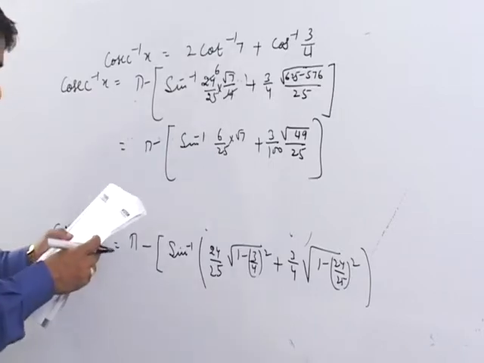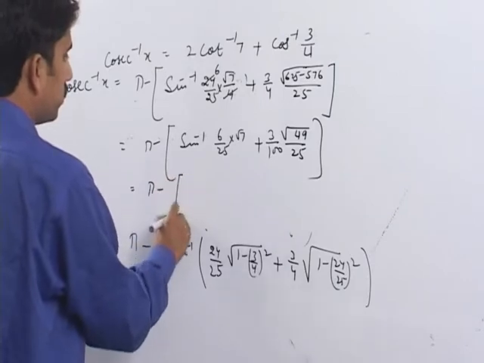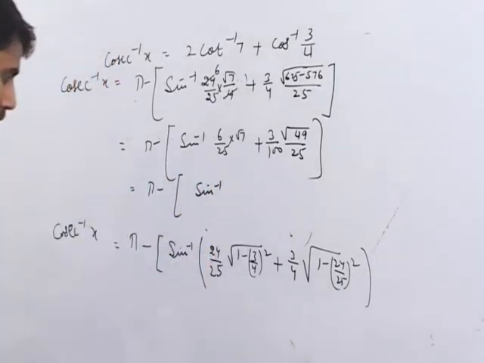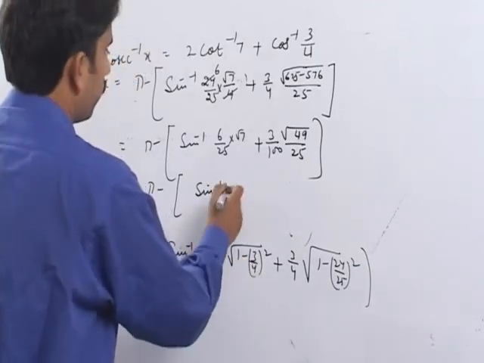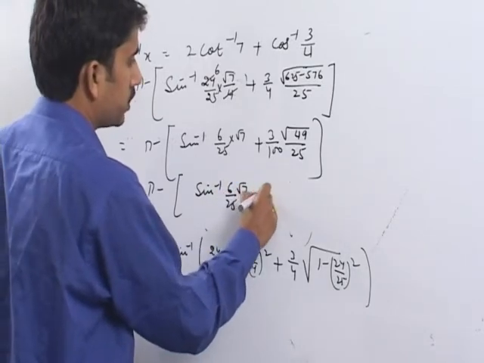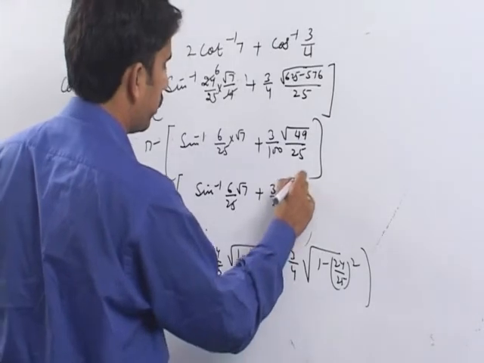Now this will be equal to pi minus sine inverse. This is 6 by 25 root 7 plus 3 into 7 over 25 100.